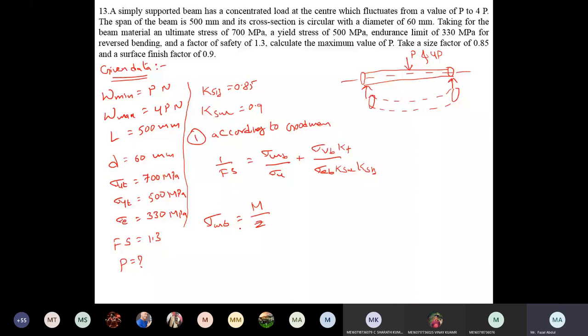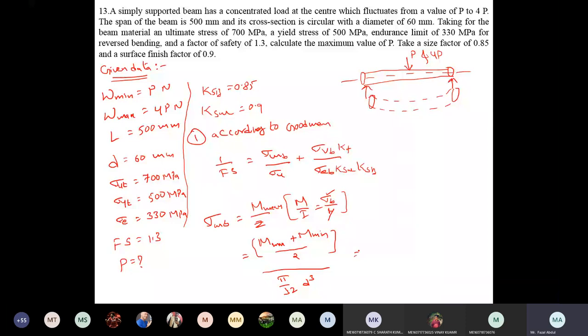This equation comes from M by I equals stress by Y. The bending moment here is the mean bending moment, maximum bending moment plus minimum bending moment by 2, divided by the section modulus, which is pi by 32 into d cubed for a circular section.